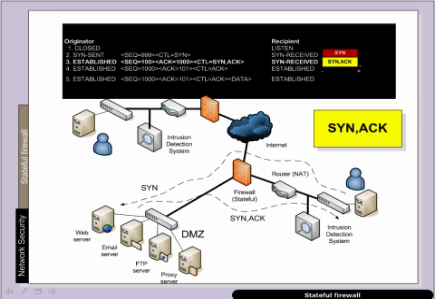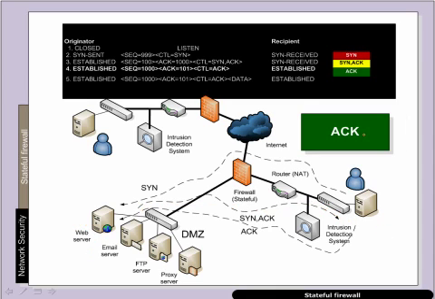The next thing that is sent is the SYN acknowledge. If the server wants to accept the connection, it sends back a SYN acknowledge flags in the TCP header back to the client. There's some negotiation that goes on, but basically if the client accepts that connection, then it sends back an acknowledge.